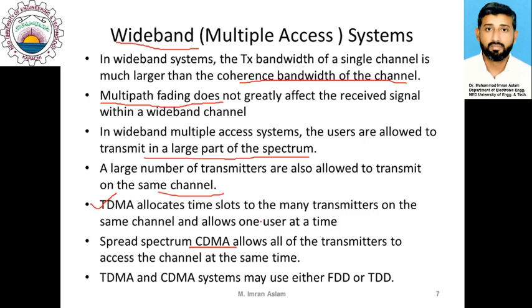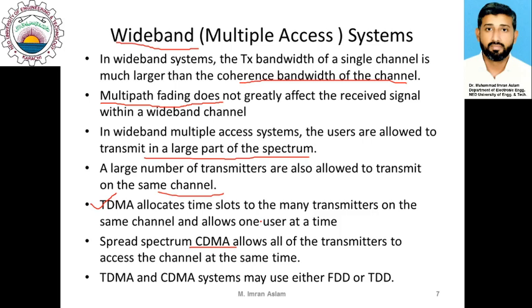In time division multiple access, many users are allocated different time slots to transmit the signal. Similarly, for the spread spectrum or code division multiple access technique, different users are allowed to transmit simultaneously at the same time, because they are allocated different codes for transmission over the same channel.